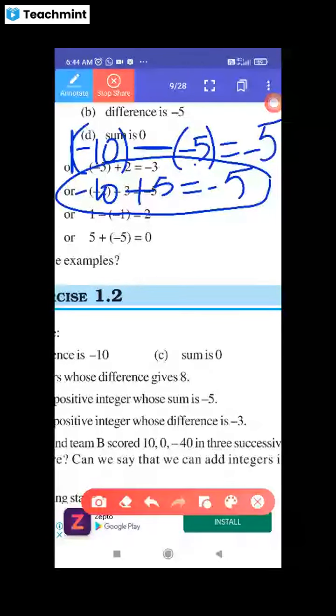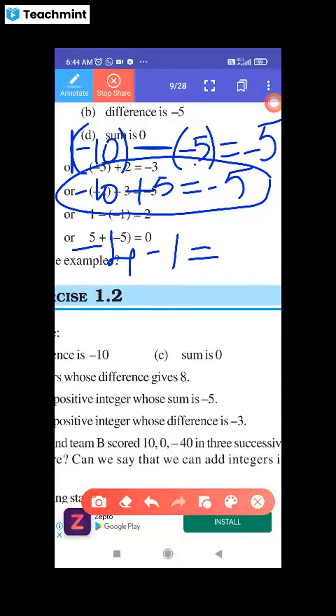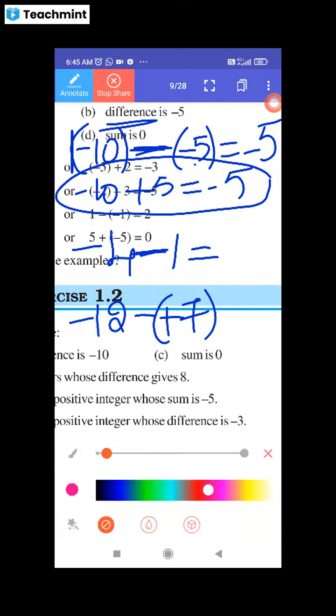Next. Minus 4. Minus 1. You must write here. Difference means in between you must write minus. Ma'am, minus 12 subtracted from plus 7. No, no. Check it once.